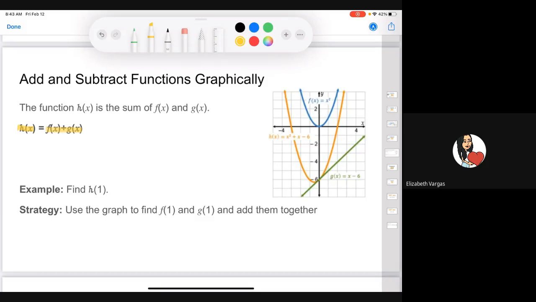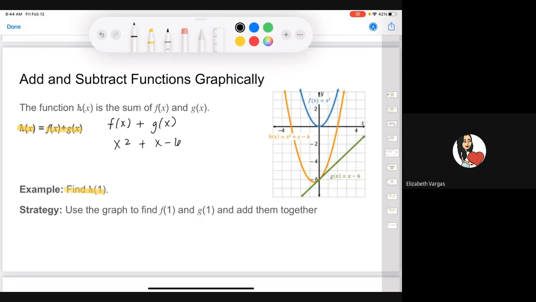Then it's saying find what the function h(1) is. So basically we're going to add f(x) and g(x) together. And again, we saw f(x) plus g(x). f(x) is equal to x squared, plus g(x), x minus 6.